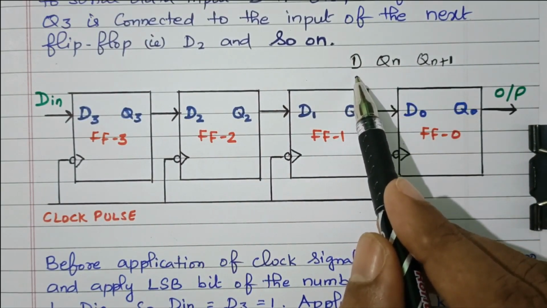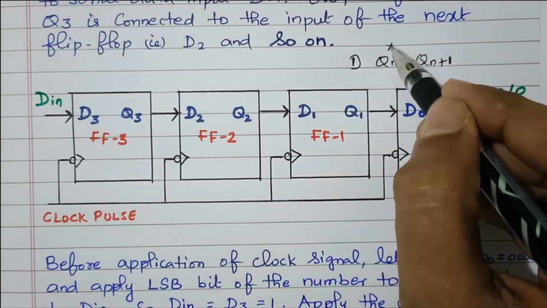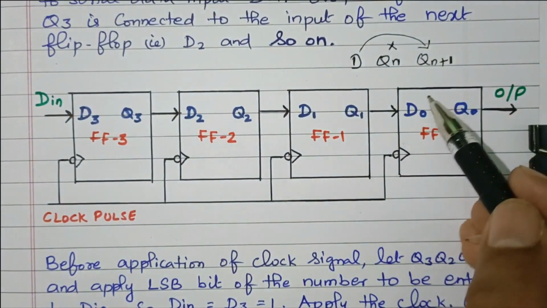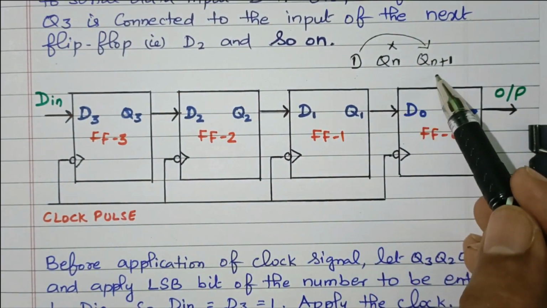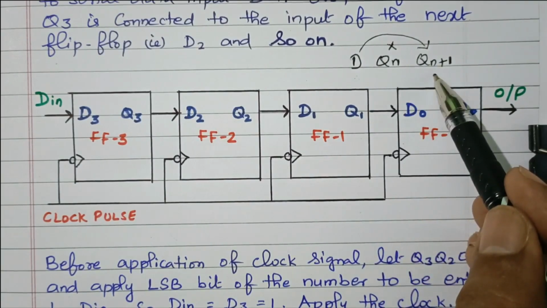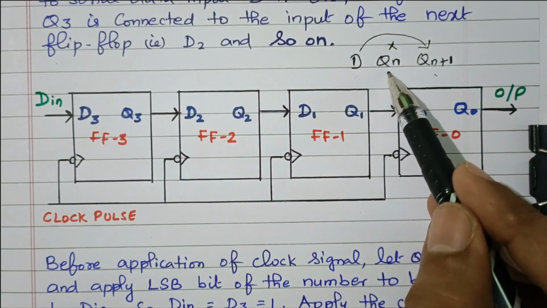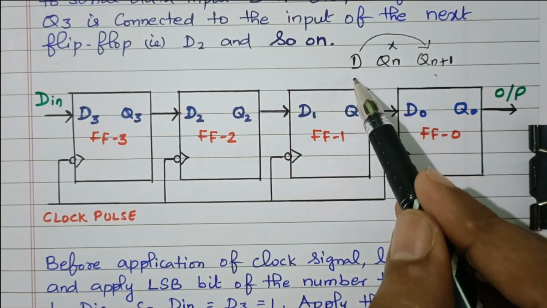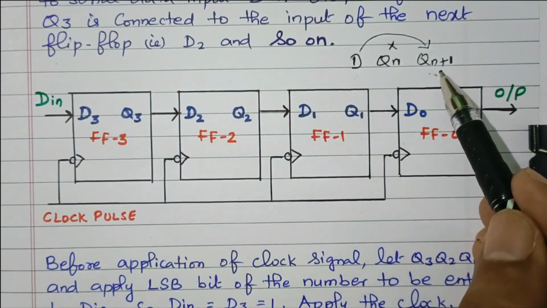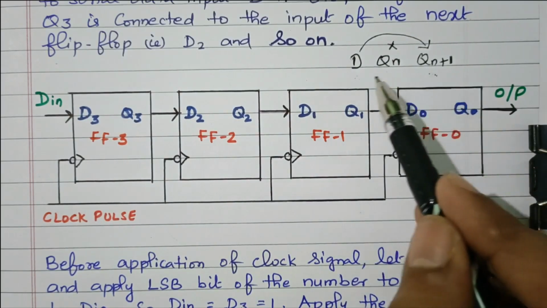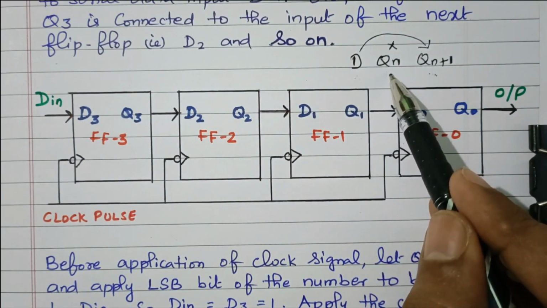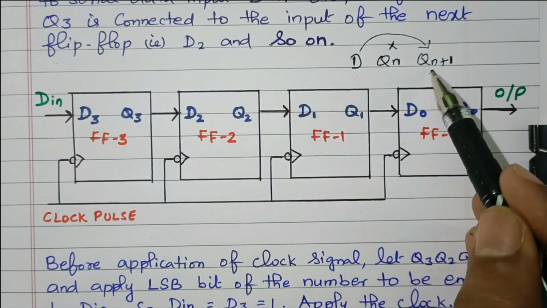But in case of D flip-flop, whatever the present state, the D value will be reflected as the next state. Suppose D is 0, Qn plus 1 will be 0. D is 1, Qn plus 1 will be 1. Whatever Qn may be, 0 or 1, the value available at D will be reflected in Qn plus 1. That is, the next state depends only on the D input. It will not bother about the previous state. That is the nature of the D flip-flop.